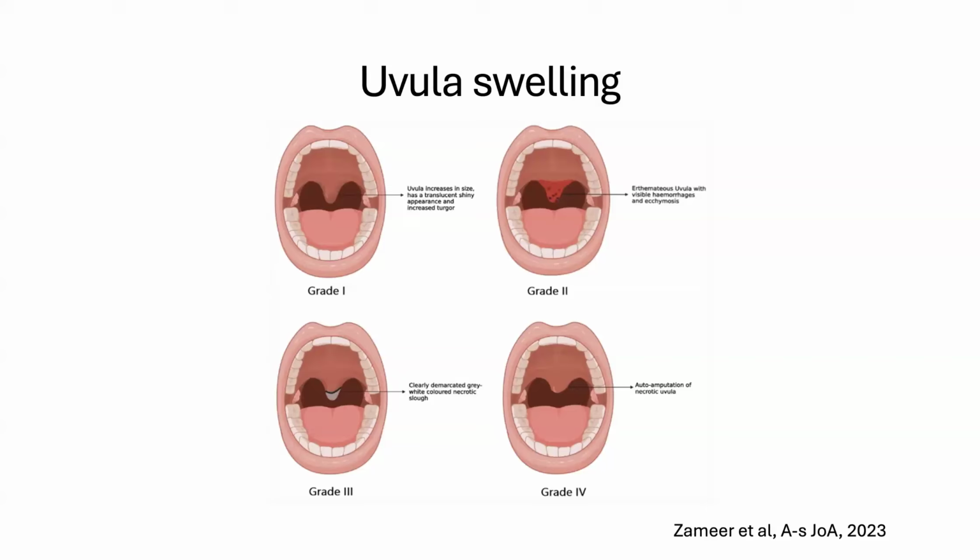To reduce further swelling of the uvula, what can you do? The first thing is to administer anti-inflammatories if they are not contraindicated. That will reduce the swelling. Dexamethasone also can reduce the swelling. It's a corticosteroid. Another thing that has been noted in literature is taking ice chips. So if the patients can take ice chips, that will reduce the swelling as well.